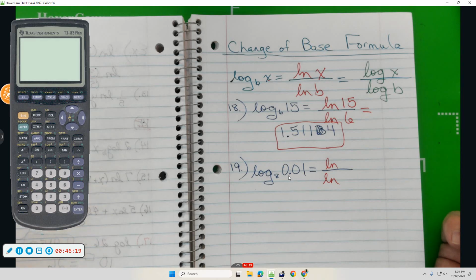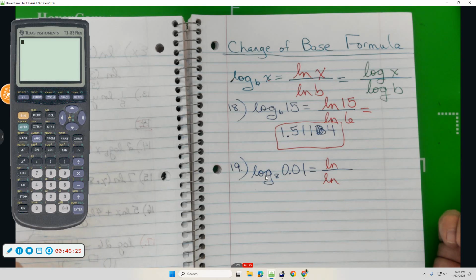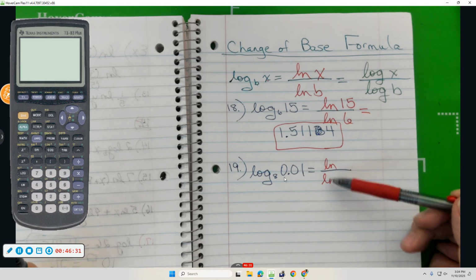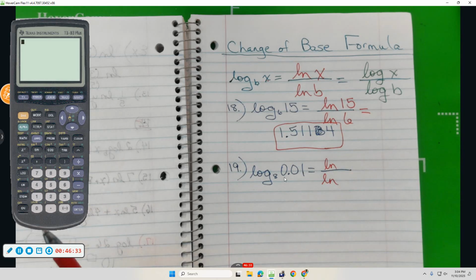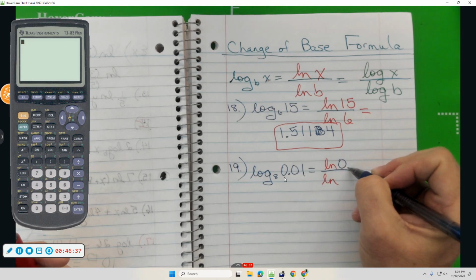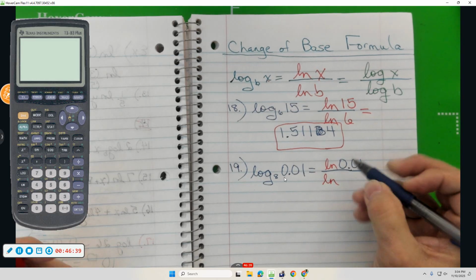And he was like, 2.7, it's a smaller base rather than 10, a larger base. There are some scientific calculators that have the LN key, but not the LOG key.